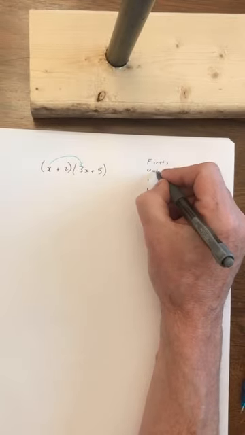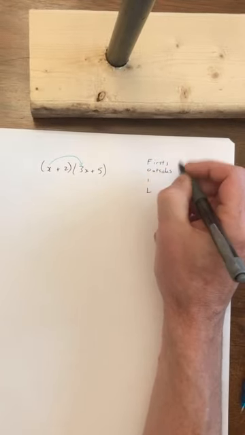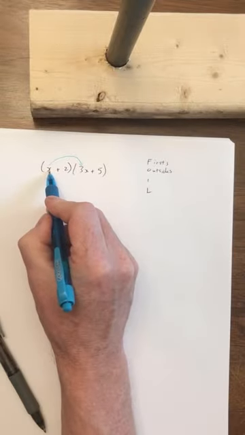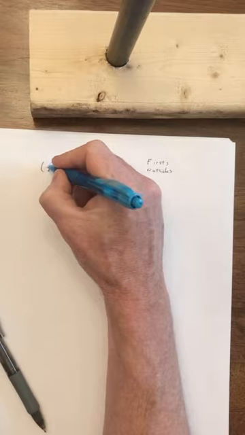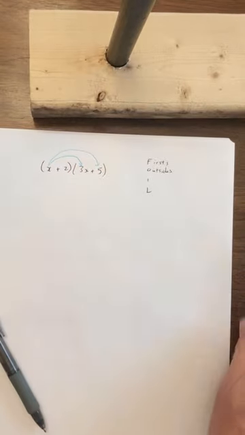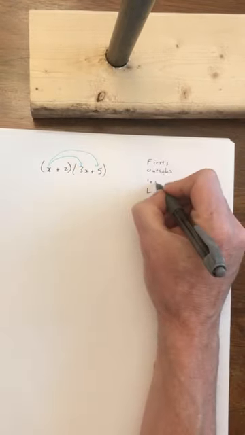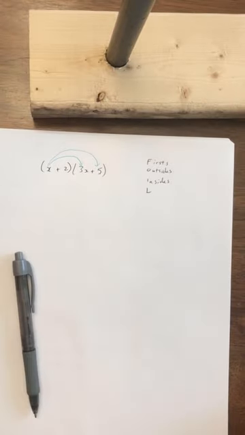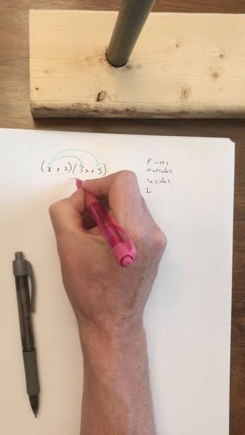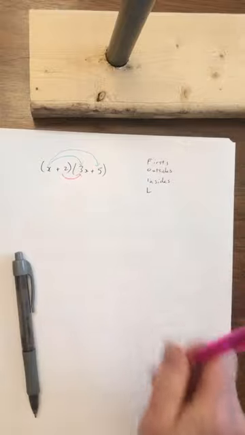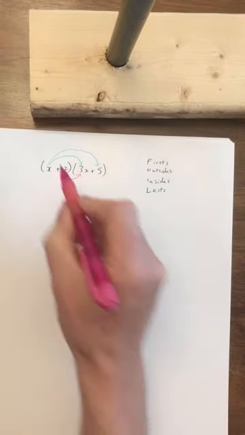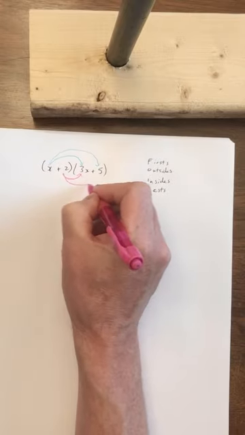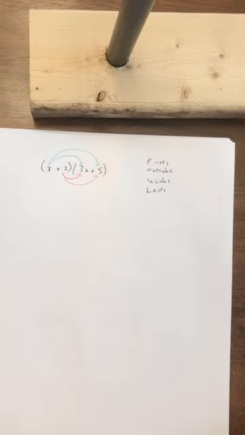And then we have the outsides. So this is an outside, it's on the outside, and 5 is on the outside of this whole question. So we're going to multiply those two together. Then we're going to do the insides. So this term and this term are on the inside of the equation. And the lasts. So this term and this term are the last in each equation, or in each binomial.